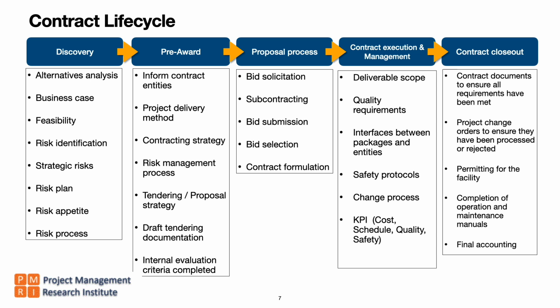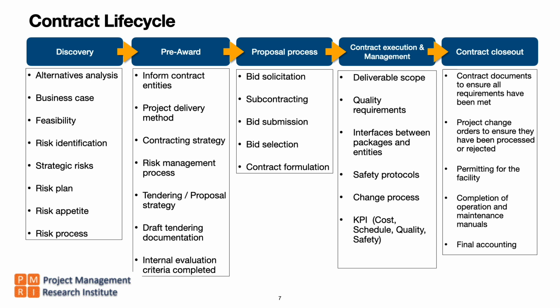Then safety protocols must be monitored and adhered to, and the change process must be adhered to, and we have to constantly monitor and control the key performance indicators based on cost, schedule, quality, and safety. So this should happen throughout the execution phase of the contract.